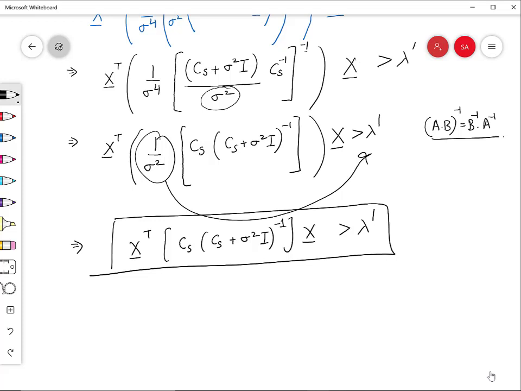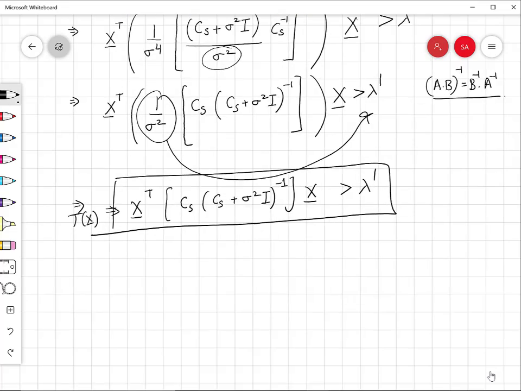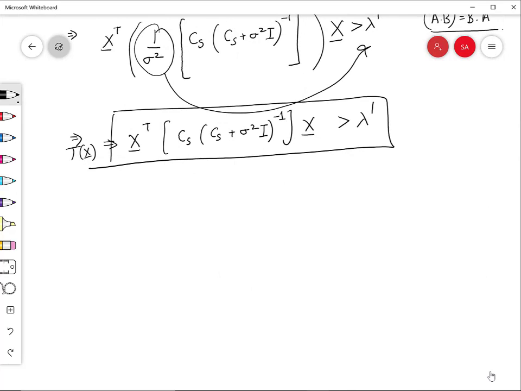So I can write this as my test statistic T of x, and let me do one more thing. Let me write this particular entity as S hat vector. S hat vector, let me define it as C_s times C_s plus sigma square I inverse x.